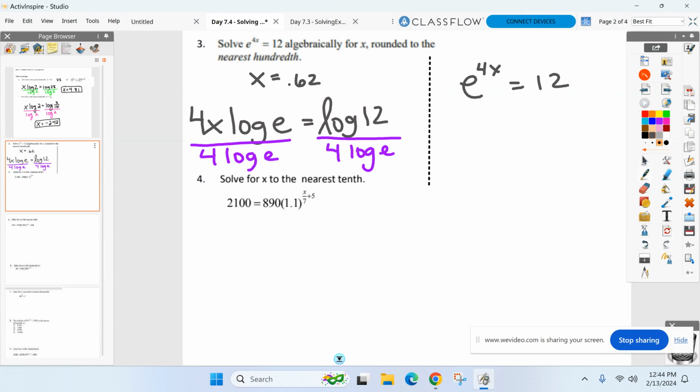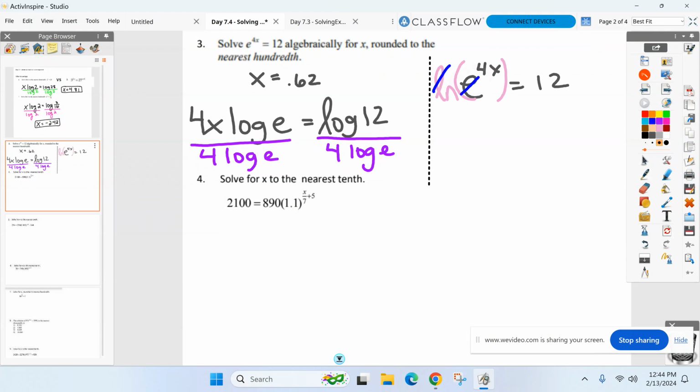Instead of using logs, you can cancel out the base of E by doing the natural log, ln. And if you don't like it, fine, use the other method. I'm just showing you this because I know you can handle it. So once the base is by itself, you can take the natural log, which essentially cancels out the E.